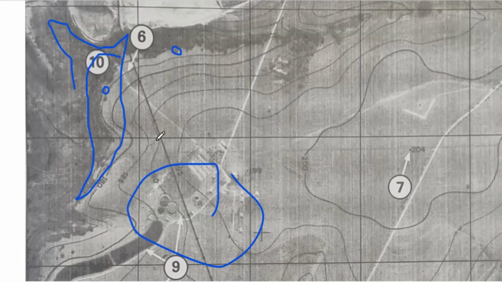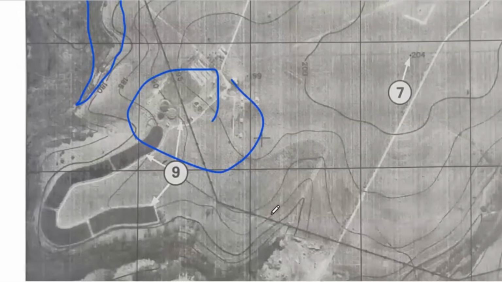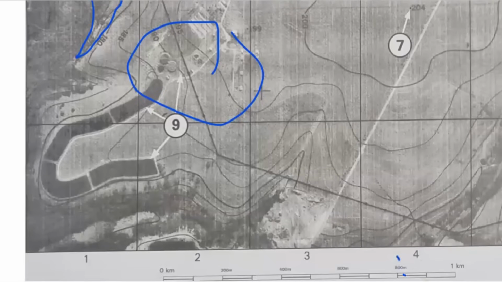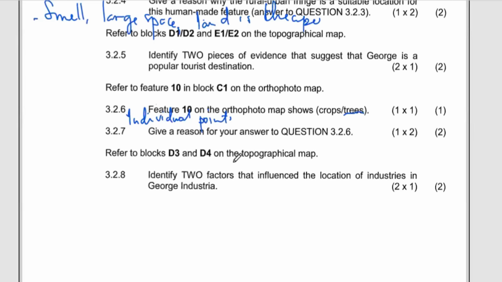And also, if you check the shading, unfortunately this is a black and white orthophoto map, but when the shading is denser, it shows that it's trees. So what you also need to check is the shading. You see this area is densely shaded. So there is also evidence that those are trees.